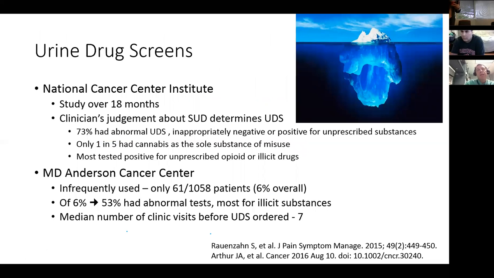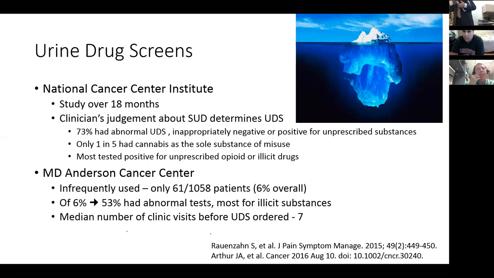So a couple other studies have looked at urine drug screens, at least in the cancer patient population. A very interesting one from the National Cancer Institute in Bethesda was conducted over 18 months. The reason to get a urine drug screen was based solely on the clinician's judgment that there might be aspects of a substance use disorder taking place in their patient.